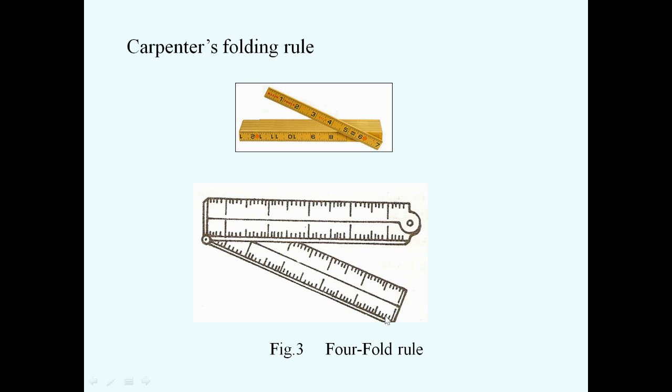It consists of graduations in centimeters as well as in inches. This is made up of wood. You can see the diagram. So it is a four folding rule.